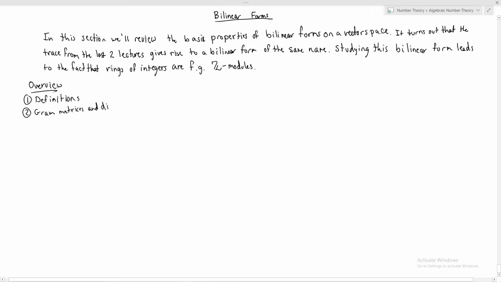The Gram matrix is a way of describing the bilinear form in a matrix, and the discriminant is a way to tell if your bilinear form is what's called non-degenerate. And the third thing is non-degenerate bilinear forms and the dual basis.